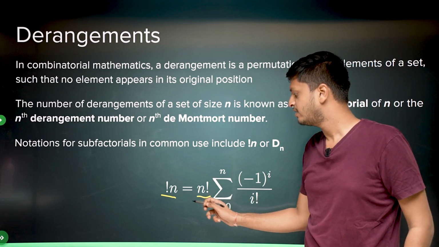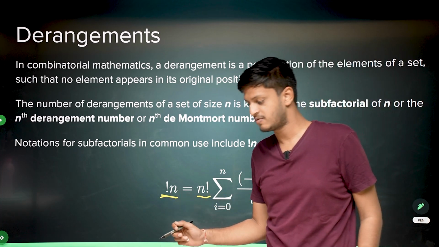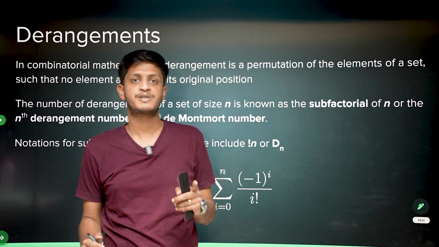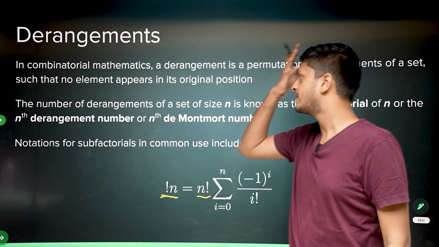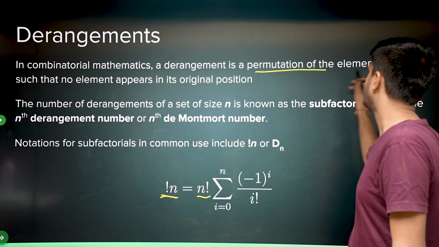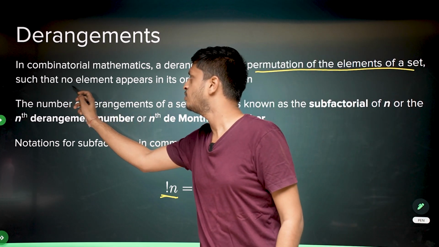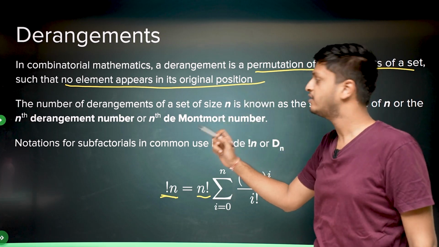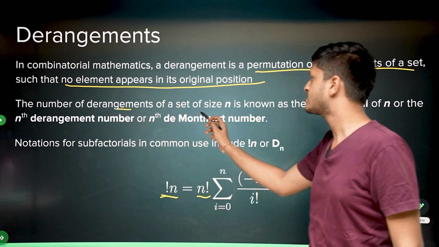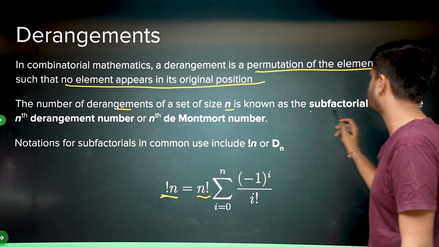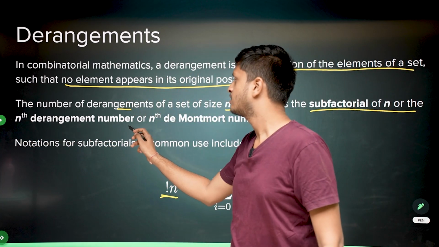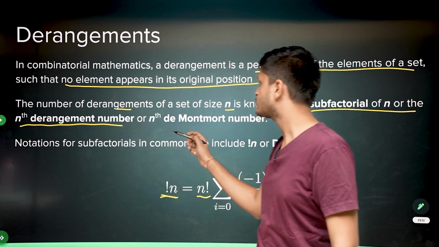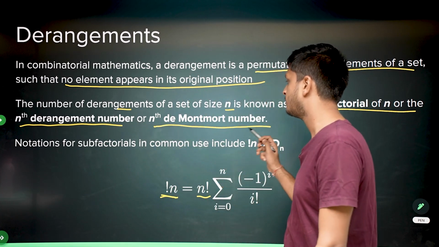This is n factorial, this is subfactorial n, which means the number of derangements of n objects is subfactorial of n. So in combinatorial mathematics, a derangement is a permutation of the elements of a set such that no element appears in its original position. The number of derangements of a set of size n is known as the subfactorial of n, or the nth derangement number, or also the nth de Montmort number.